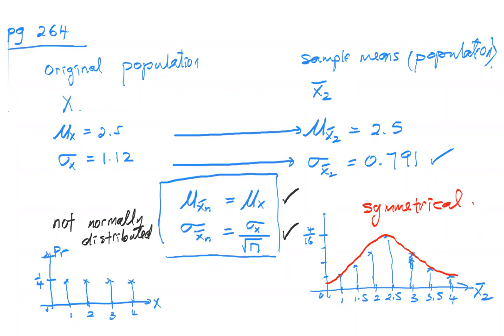And we have proven it. This is approximately 1.12 divided by square root of 2. Am I right? Okay. The larger the value of n, the better the approximation will be. So you see, it is not easy to understand this statement. The larger the value of n, the better the approximation will be.